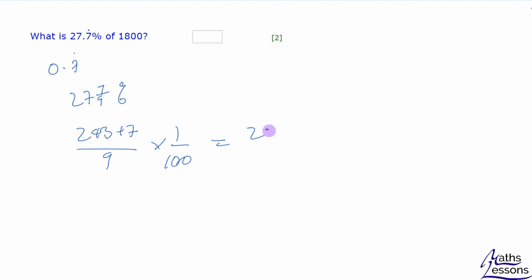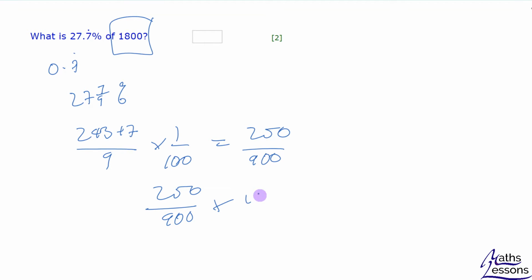So that gives me 250 over 900. And now that's what I'm going to times by 1800 by. So I got 250 over 900 times by 1800. Cancel out the hundreds. 9 into 18 is 2. 2 times 250 gives me 500.